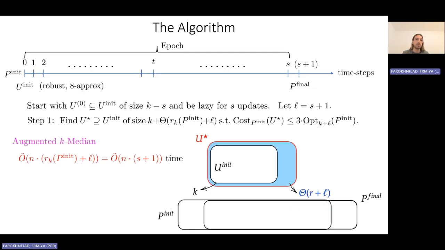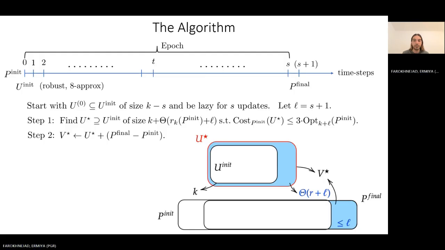And the running time is going to be tilde of n times the number of points that we are inserting. Again, because of double-sided stability, redundancy is theta of stability, so the running time of this part is n times s plus 1. And since the length of the epoch is s plus 1, the amortized running time is going to be near linear. This works because of double-sided stability, and the amortized running time is tilde of n.